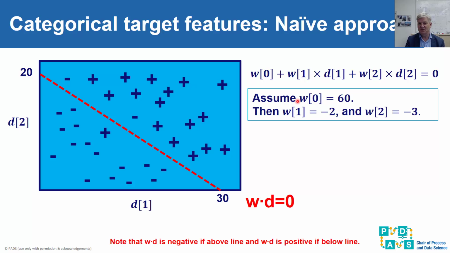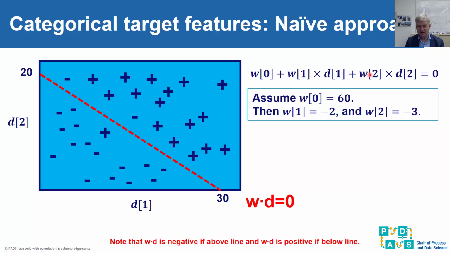So we can simply say, and we are not excluding any solution, let's assume that W0 is equal to 60. Then if we would like to fit the red line to go through the points 0, 20 and 30, 0, then these are the weights that we need to pick.